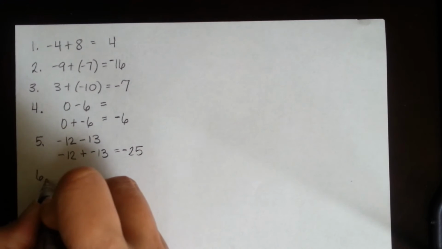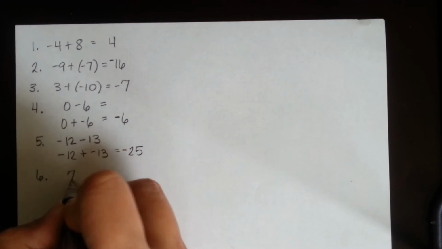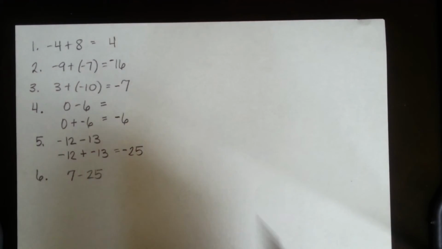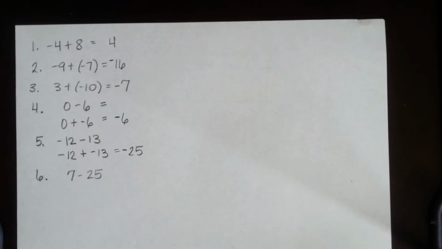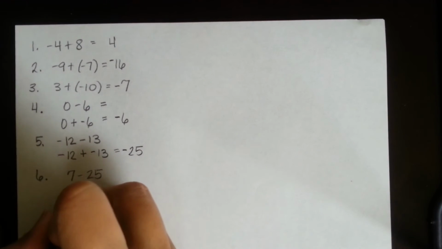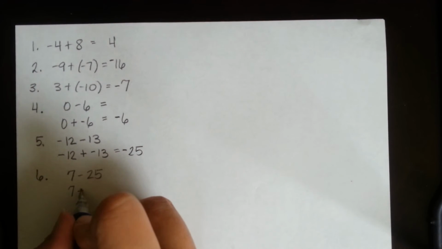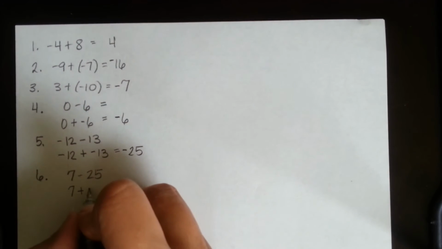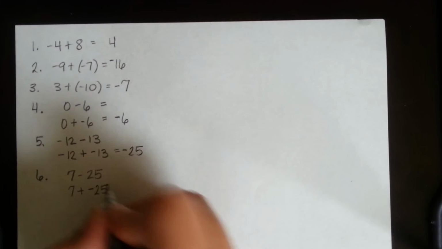For number 6, we have 7 minus 25. Just thinking about that one before we start, if we have 7 and we're subtracting 25 from it, we're going to have to go into the negative numbers. So we're expecting a negative answer, just to check to make sure it's reasonable. If I'm following my rules, I would leave the first term alone, change from subtraction to addition, use the opposite of 25, which is negative 25.